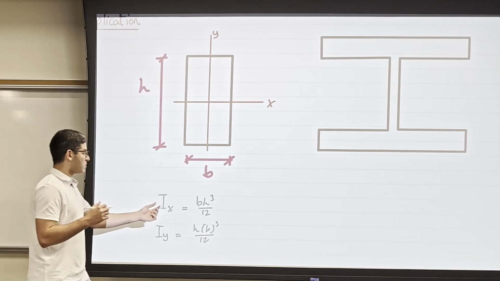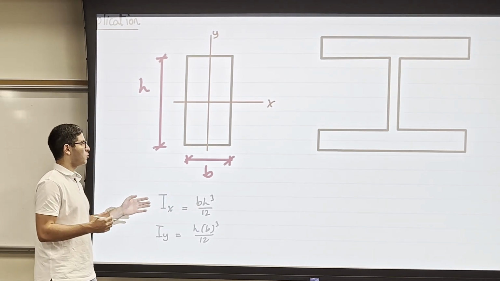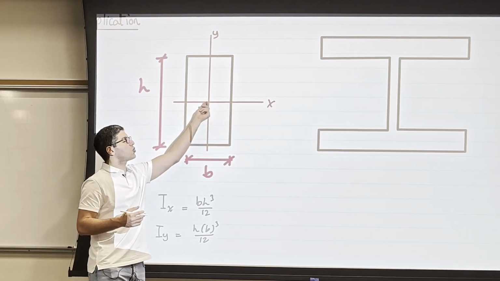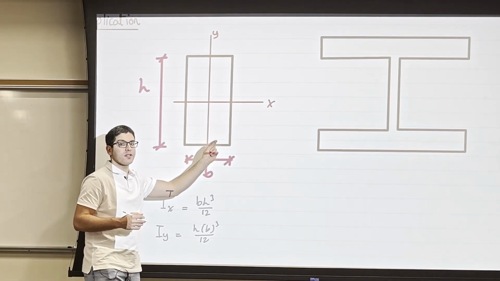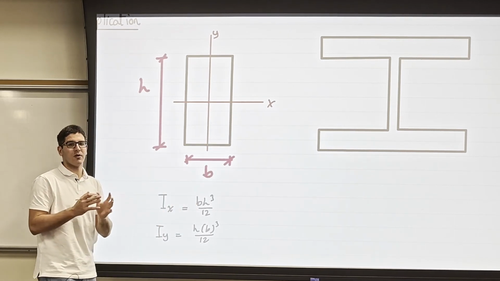Again, I use this equation bh cubed over 12 because the centroid of this shape coincides with the centroid of the whole shape, because they're both one, okay?